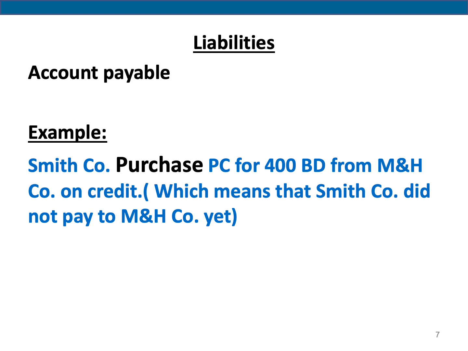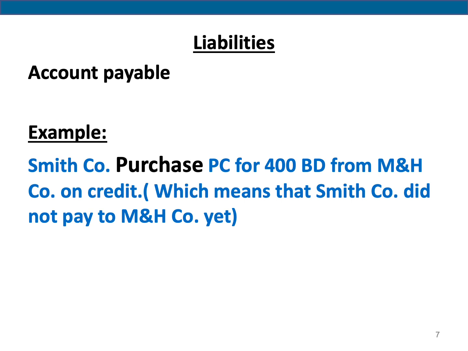What does that mean? It means that Smith company did not pay the money yet to M&H company. So Smith purchased on credit, or sometimes we can call it on account. So now Smith company has an obligation to pay 400 BD to M&H.